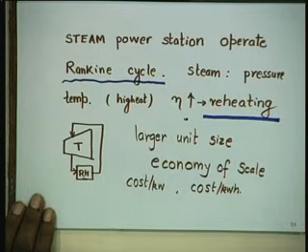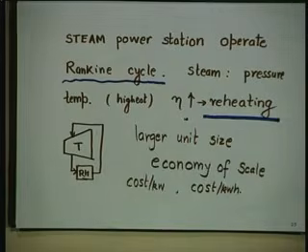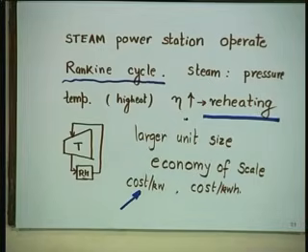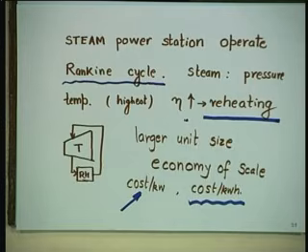The larger the size of the unit, the better it is. Why? That is called economy of scale. As I told you earlier, rather than having a 240 watt bulb, it is better to have a 100 watt bulb. It is cheaper and it gives you more or less the same lumens. Cost per kilowatt decreases if you move from a 100 megawatt unit to a 500 megawatt unit. Similarly, cost per kilowatt hour also gets reduced when you go from 100 megawatt to 500 megawatt unit.